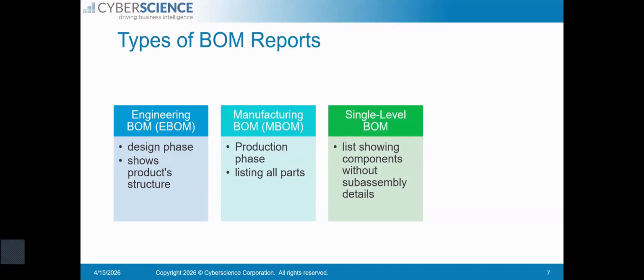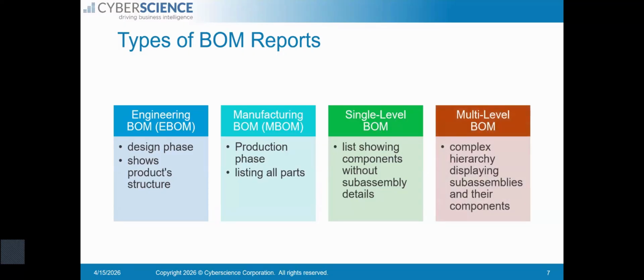We can produce a very simple single level BOM, which would show the high level item and then just its level 1 components. We'll show you that today in the demonstration, because that's going to be the first part of the code I'm going to be reviewing. But we're also going to be showing here what probably most of you are looking for is the multi-level BOM.